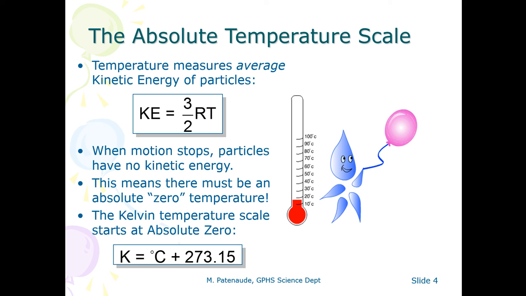So negative 273.15 Celsius is absolute zero on the Kelvin scale. 25 degrees Celsius would be 298.15 Kelvin. All right, so you can use this little equation to convert Celsius and Kelvin back and forth.